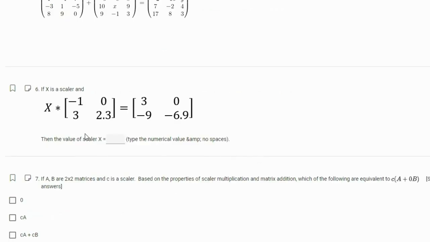I like this one. If X is a scalar and X times -1, 0, 3, 2, 3 equals 3, 0, -9, -6, 9, what is the value of X? What is the scalar? No spaces, just type the number.